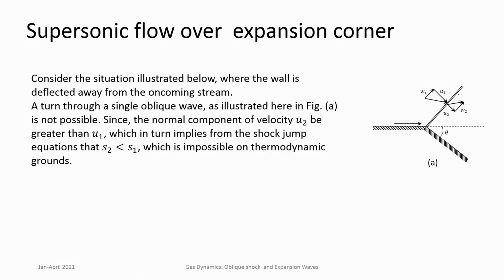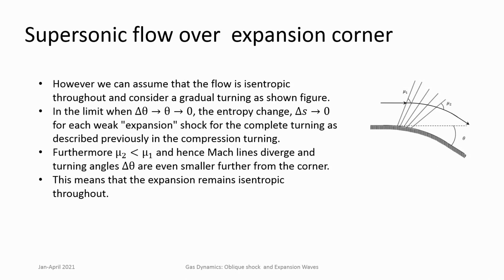A sharp discontinuity of this sense is not possible. An expansion shock is not possible, because you should always have a positive change in entropy. So what is possible is a gradual turn or gradual change in flow.